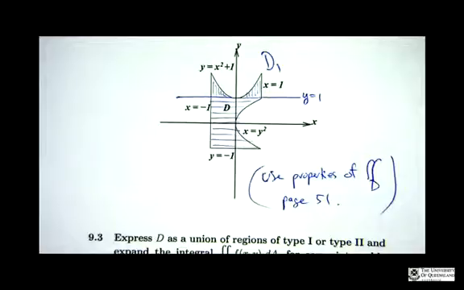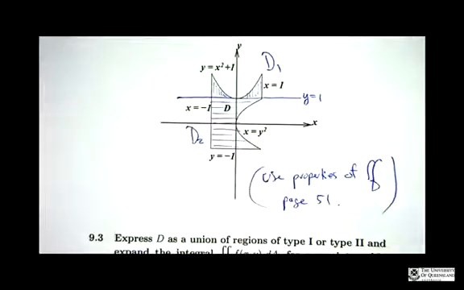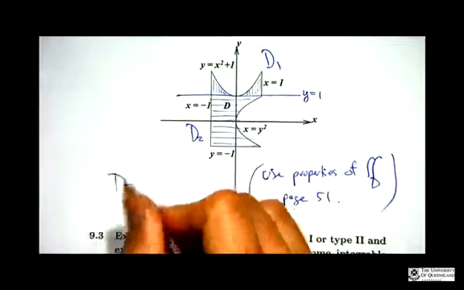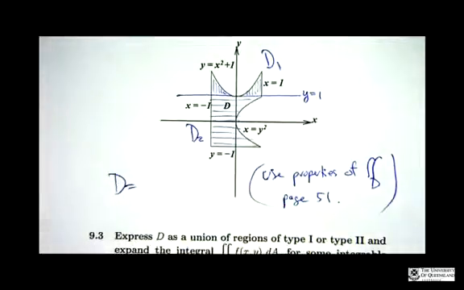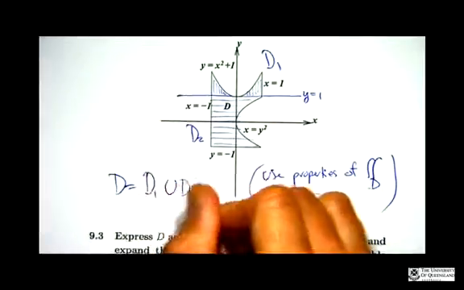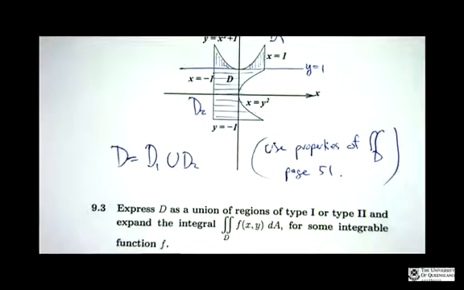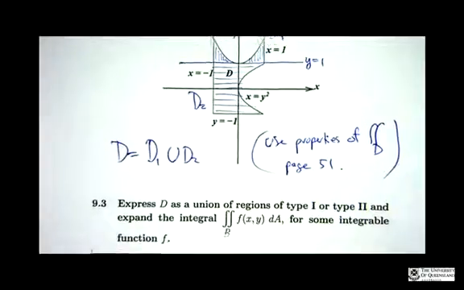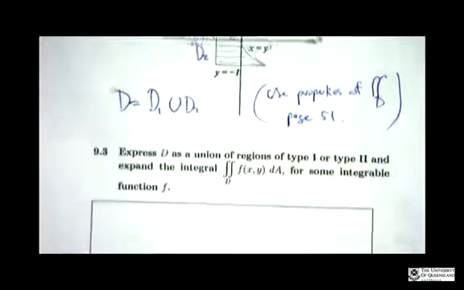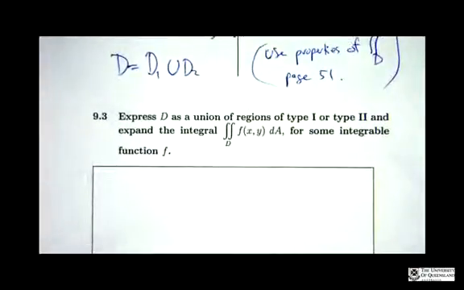So I'll call that region D2. And then we have that the entire region D is just the union of those two regions, or the disjoint union.